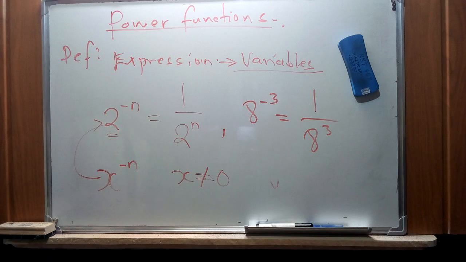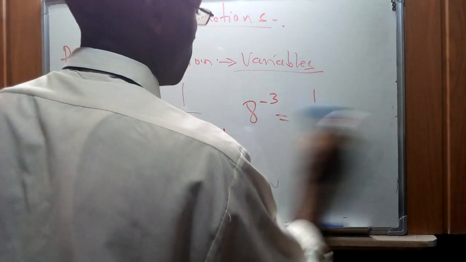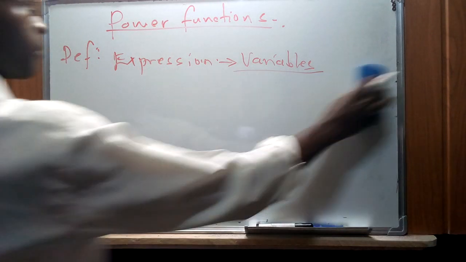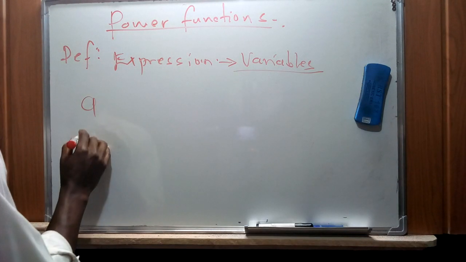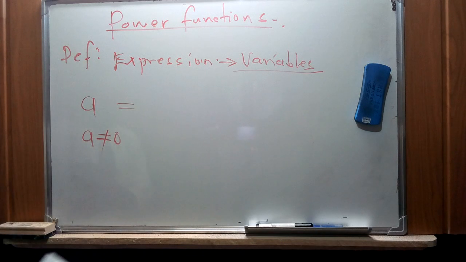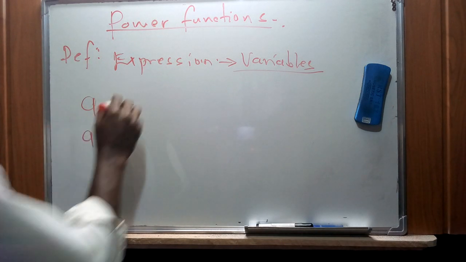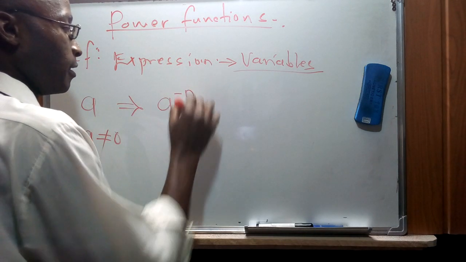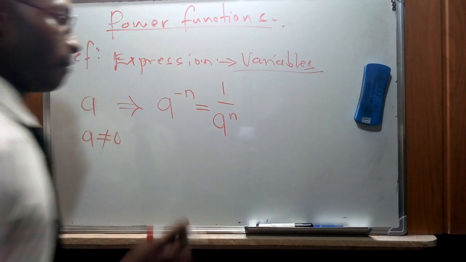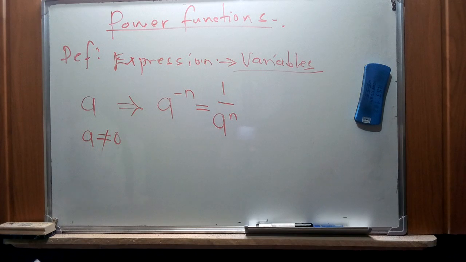So we will have a general definition for that expression: given a number a, with the condition that a is not equal to 0, and a number like a raised to power negative n, we can express this as 1 over a to the power of n. And therefore, this leads us to some of the specific rules that we are going to see.